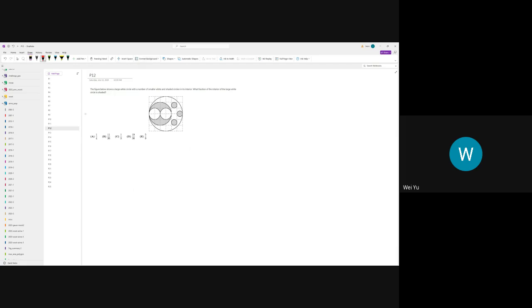Okay, so in this one we have a large white circle with a bunch of shaded parts made from circles. So we have to figure out what fraction of it is shaded. So we can find the areas of each of these parts. So firstly, let's assume that the side length of these squares is 2.